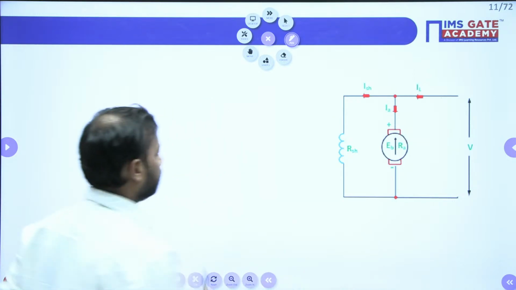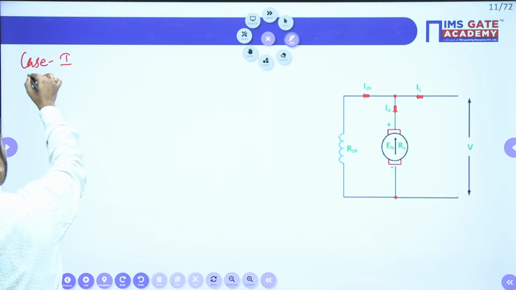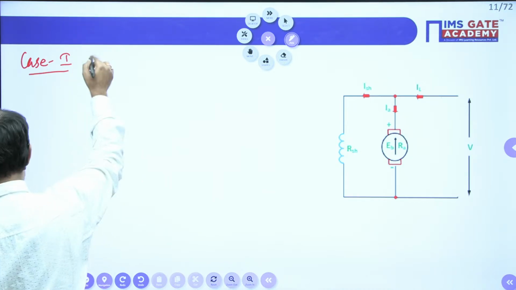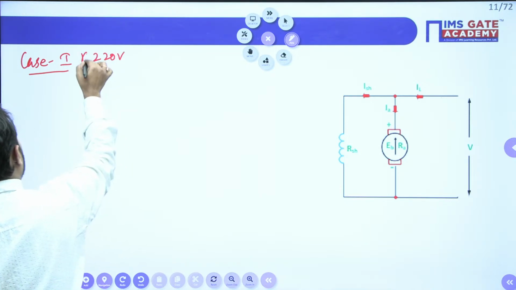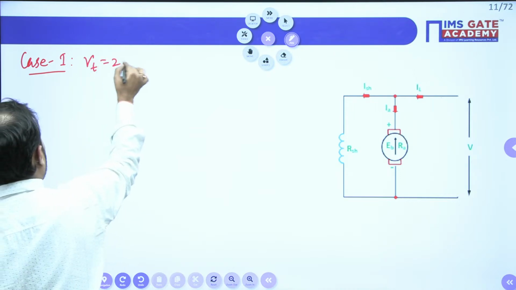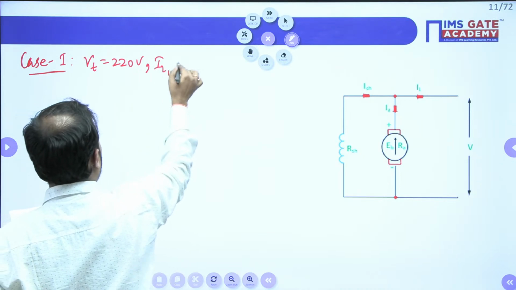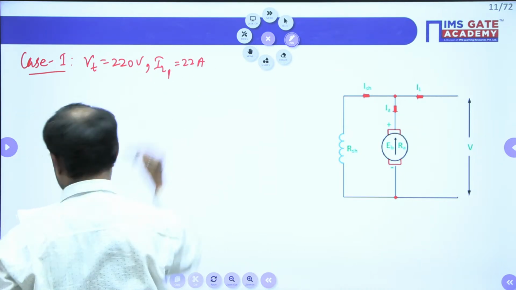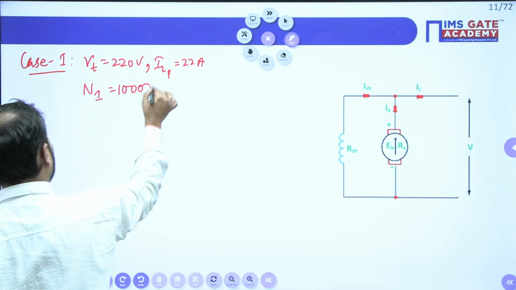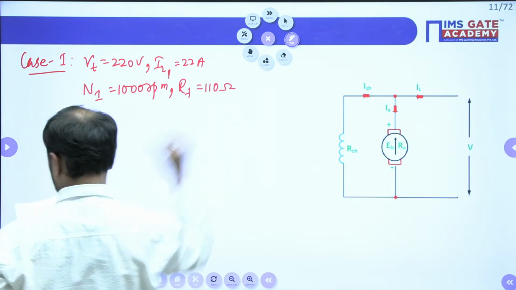All right, so case 1. We have VT given as 220 volt, IL1 is given as 22 ampere, N1 is given as 1000 rpm, and RF is 110 ohm.